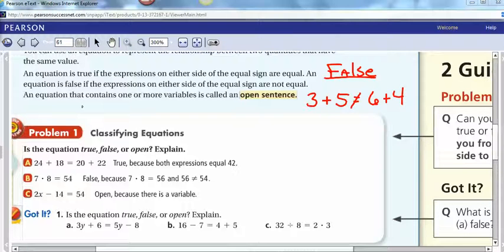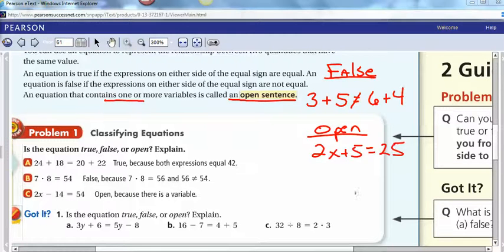An equation that contains one or more variables is called an open sentence. An open sentence contains one or more variables. So an example of open would be 2x plus 5 equals 25.